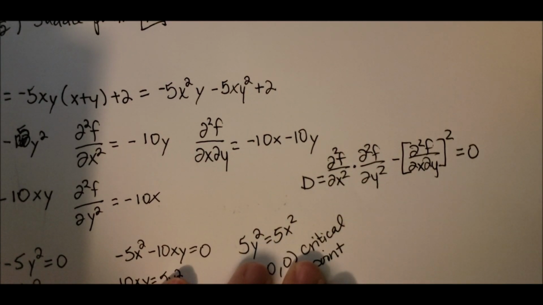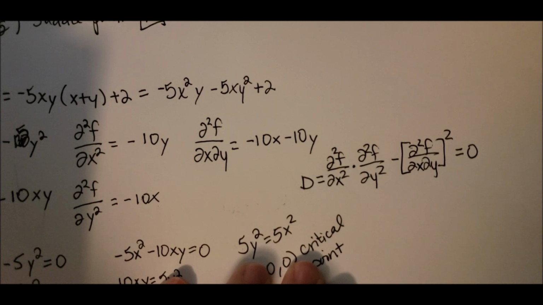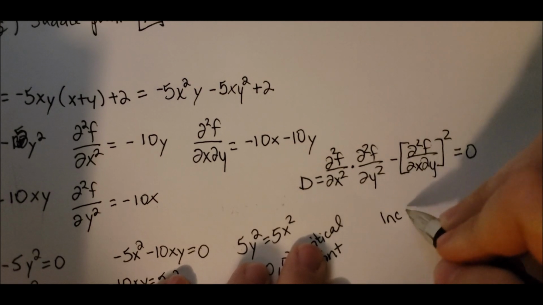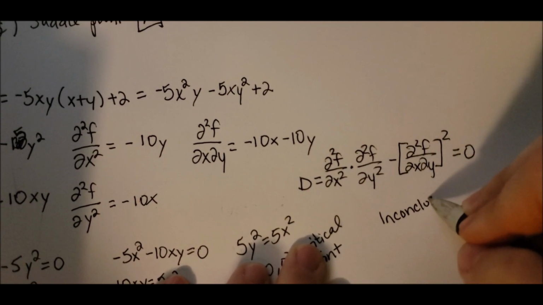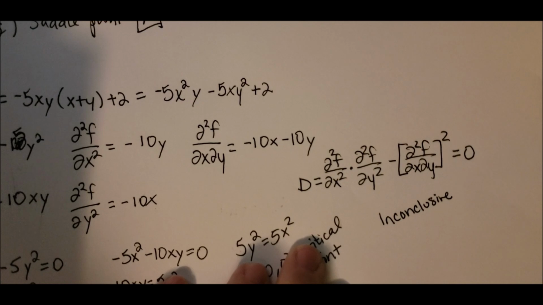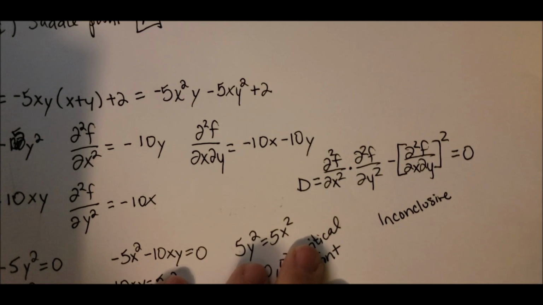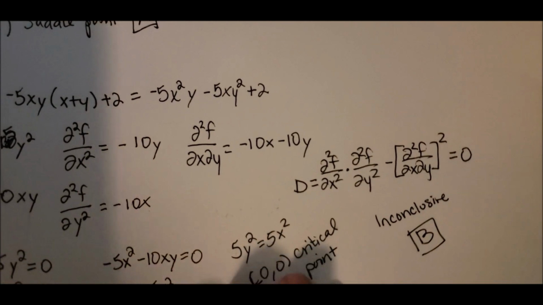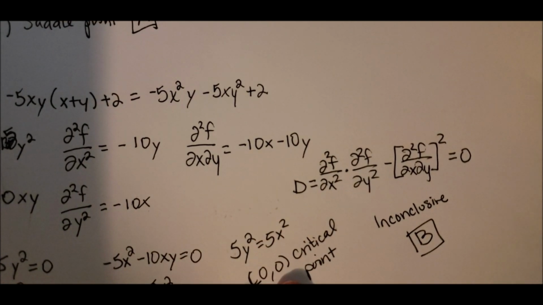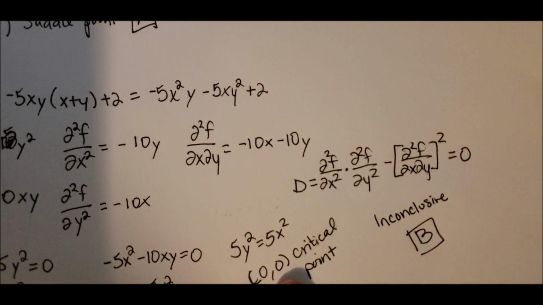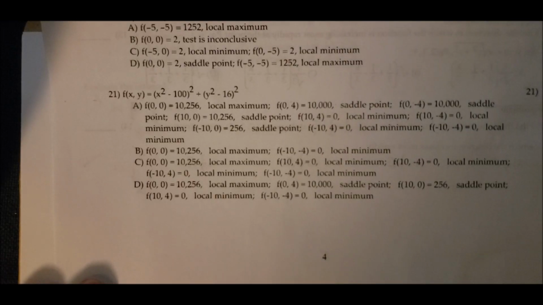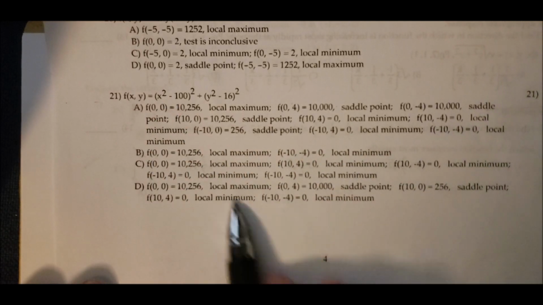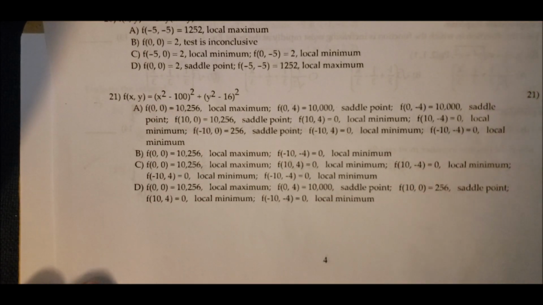It means the test is inconclusive. So that is B. You're going to have to find a different method because it didn't work. So 21, judging from part A alone, it's going to be a long problem.